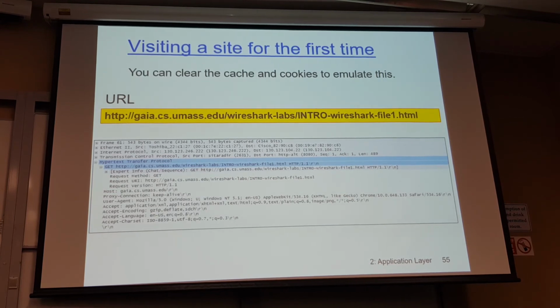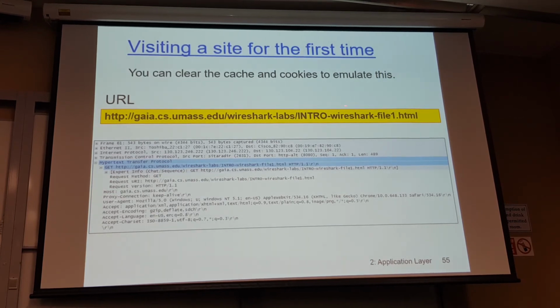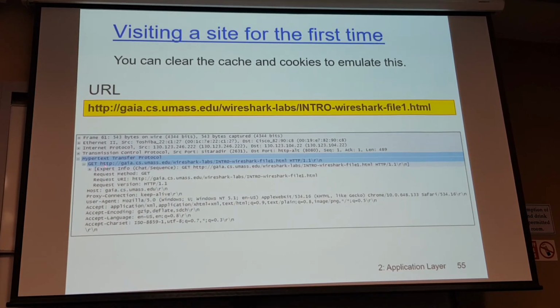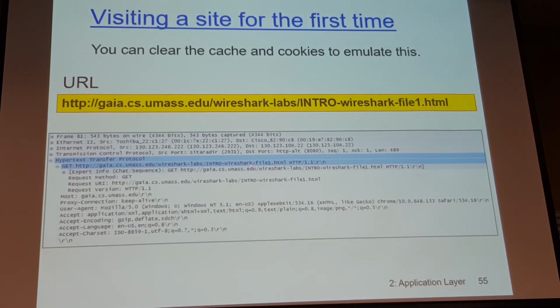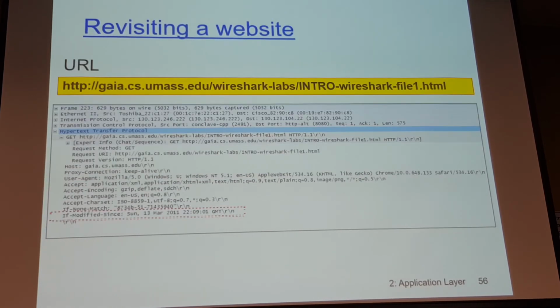For instance, let's say I'm requesting this HTML file, and I captured the packets using Wireshark. You can see GET, followed by the URL, followed by that object. Later on, I tried requesting the same object from the same web server, and I could see from my captured packet, if-none-match and if-modified-since come together.